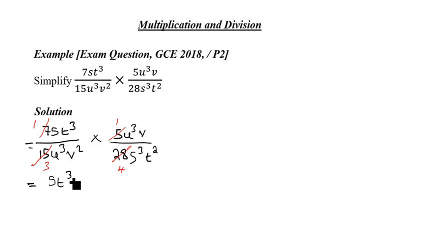So st to the power 3 over u to the power 3 v squared, times u to the power 3 v over, okay, so we have another s there, so it will be s to the power 3, then t to the power 2.